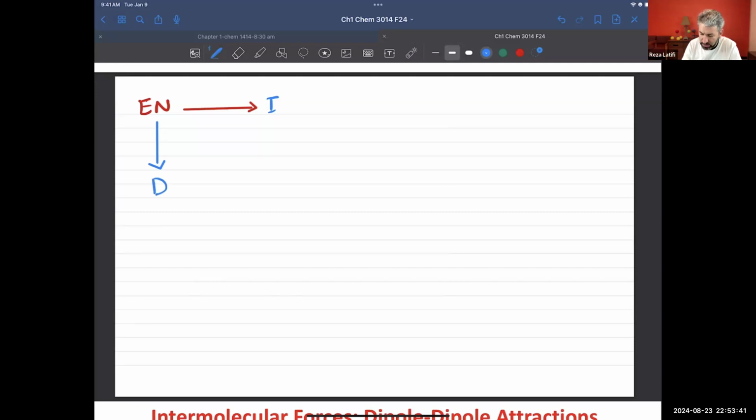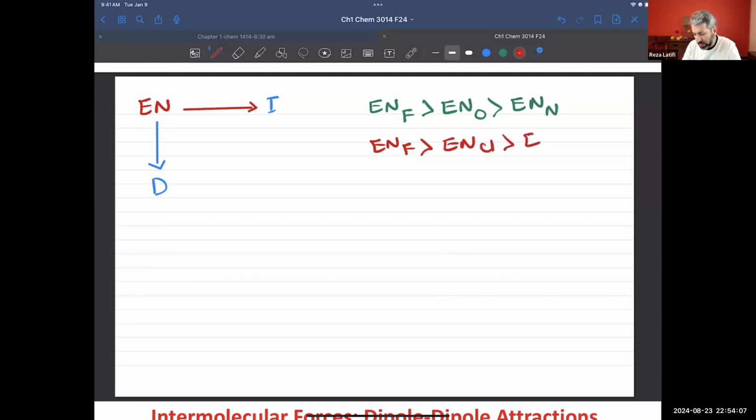Again, a reminder: the electronegativity of fluorine is higher than that of oxygen, and that's higher than that of nitrogen, because we are shifting to the right side of the periodic table. Next, the electronegativity of fluorine is higher than chlorine, and that's higher than bromine, because down in any group, electronegativity decreases.